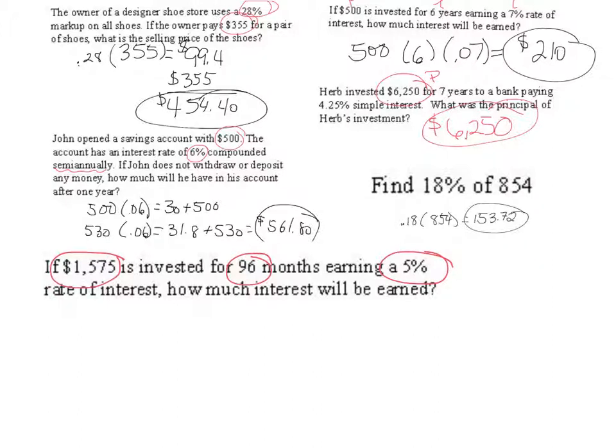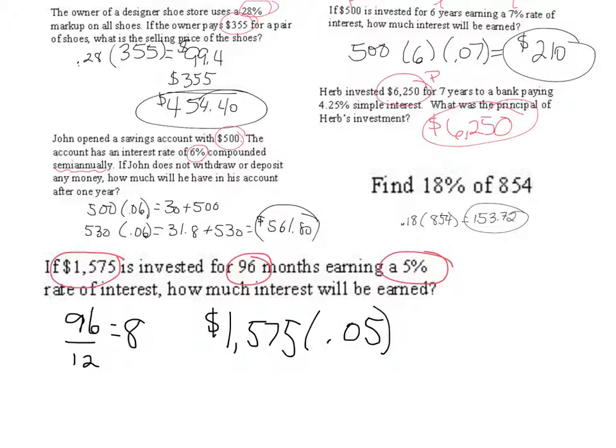So 96 months, 96 divided by 12 is 8 years. So I need to take my principal times 5%, and we're doing simple interest for 8 years, and multiply. And so we would earn $630.